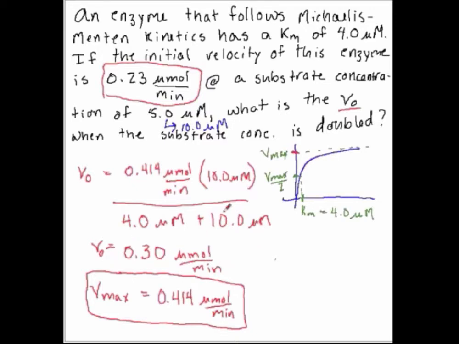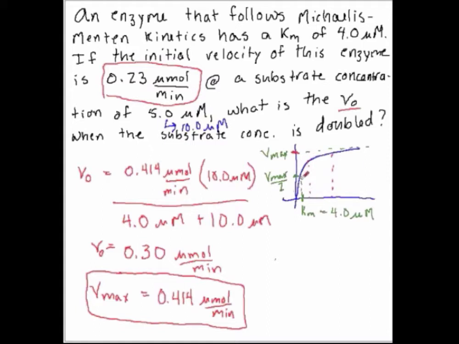So this is only an increase of 0.07 micromole per minute. That clearly shows us that we are on the point on the curve that has begun to level out. So when we change from, say, a substrate concentration of 5 to 10, and those are not quite on the graph, what I'm showing you is that we're in a region, we can tell by this, where things have begun to level off.